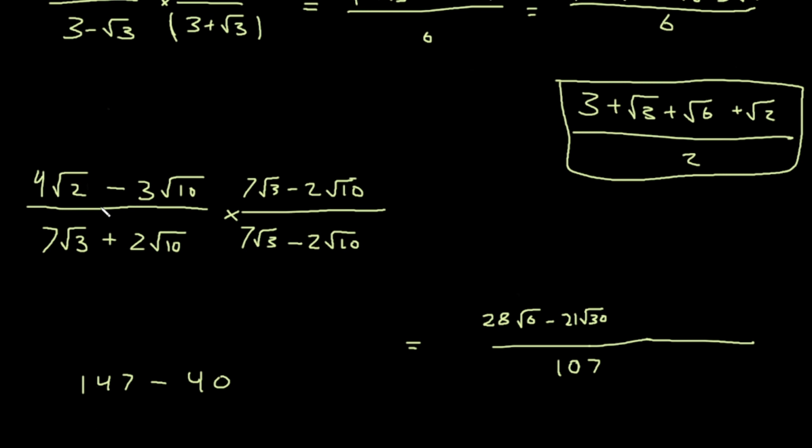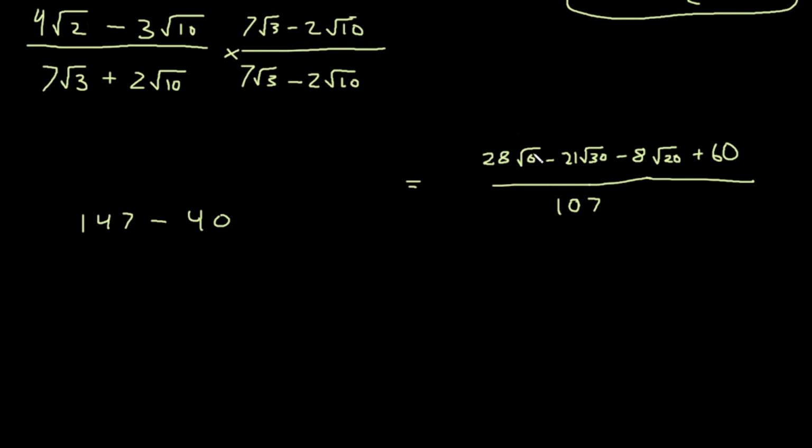Negative 2 root 10 times 4 root 2, this would be minus 8 root 20. And negative 3 root 10 times negative 2 root 10 would be 6 root 100, which we can simplify to 6 times 10, which we can just do plus 60.